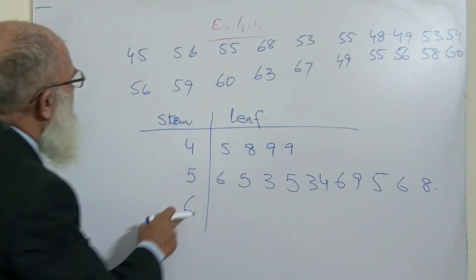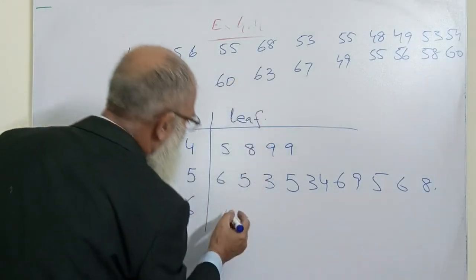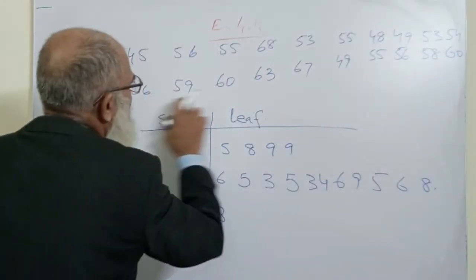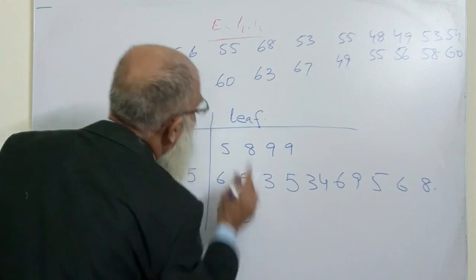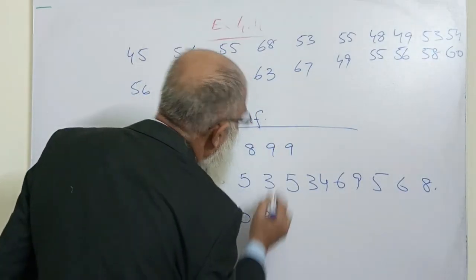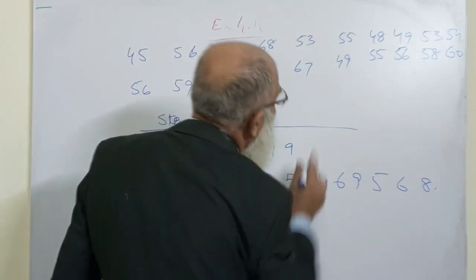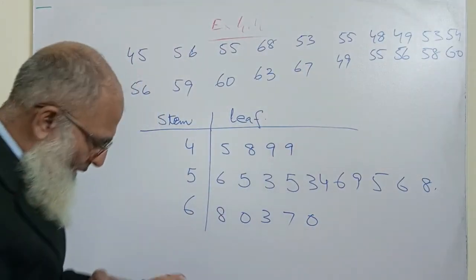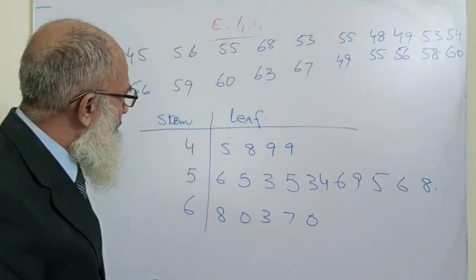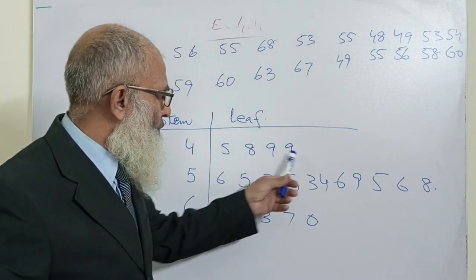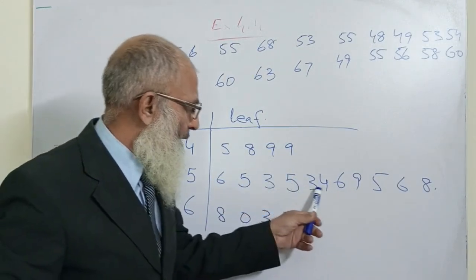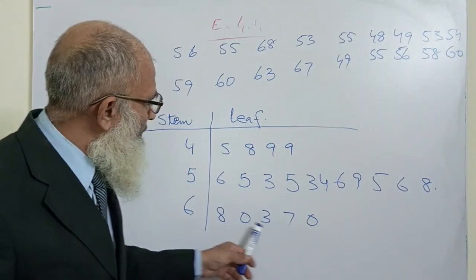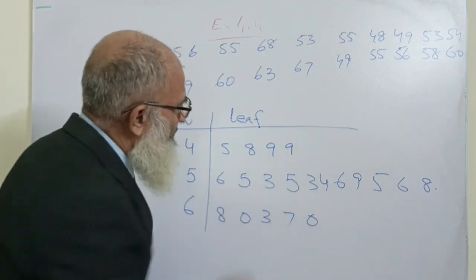And for 6, 8, 0, 3, 7 and again 0. Now you can check by counting them: 1, 2, 3, up to 20.